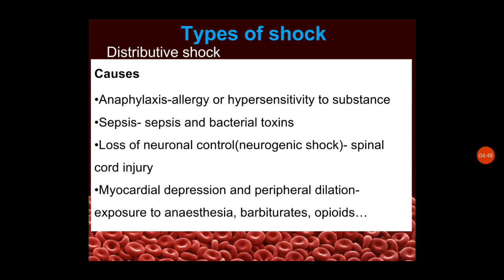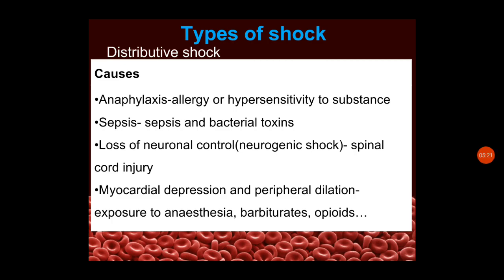The next type of shock is distributive shock. Its causes are anaphylaxis, like allergy or hypersensitivity to any substance, which can be a drug or any substance in nature. Next is sepsis and bacterial toxins, like septic shock. Then loss of neuronal control, that is neurogenic shock, which we see especially in spinal cord injury.